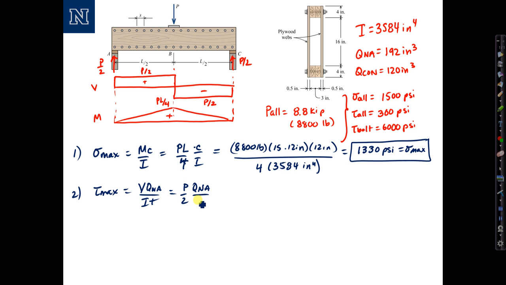Plugging in the values, 8,800 pounds for P, divided by 2 times Q at the neutral axis, which was 192 inches cubed, divided by I, 3584 inches to the fourth, times T, that total thickness across the connection interface of 1 inch, and that computes to 236 psi.